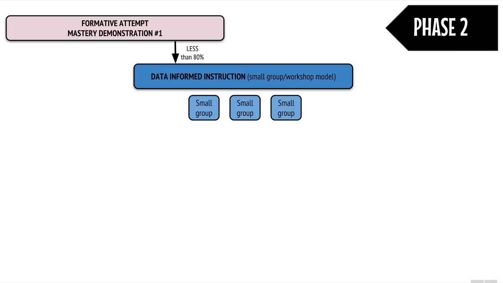So now you'll notice kids still go back into small group, but instead of having, in my previous example, 5 small groups, now we only have 3. And I think it's important to note that, again, the number of groups is irrelevant, but in each phase of the cycle, the number of students should be lessening, should be diminishing.